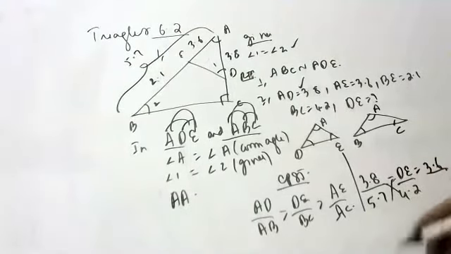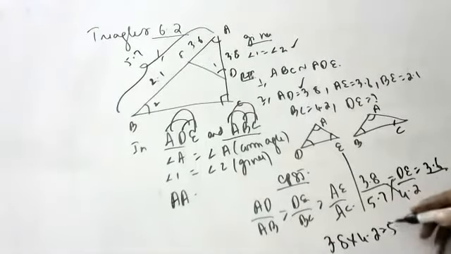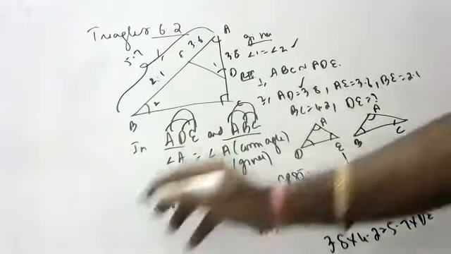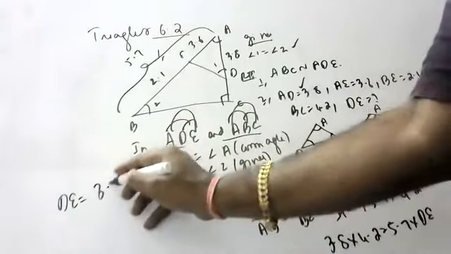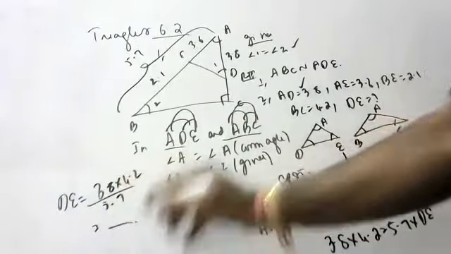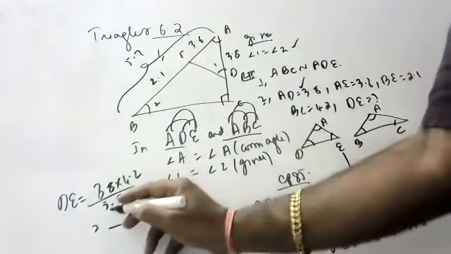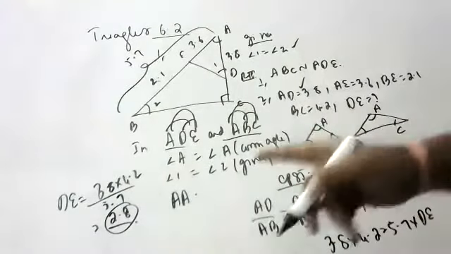Cross multiplication of CPST: 3.8 into 4.2 is equal to 5.7 into DE. So DE is equal to 3.8 into 4.2 by 5.7. Solve it, and you will get 2.8, children.